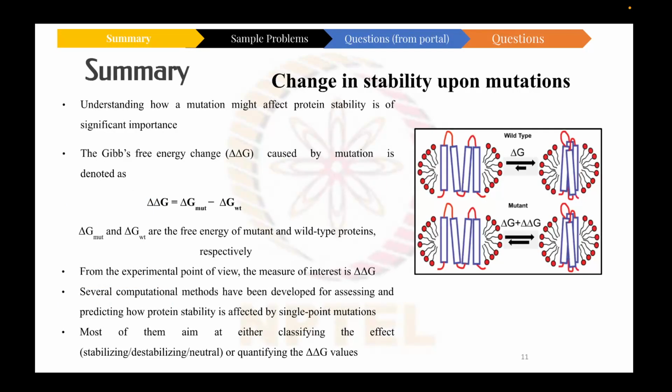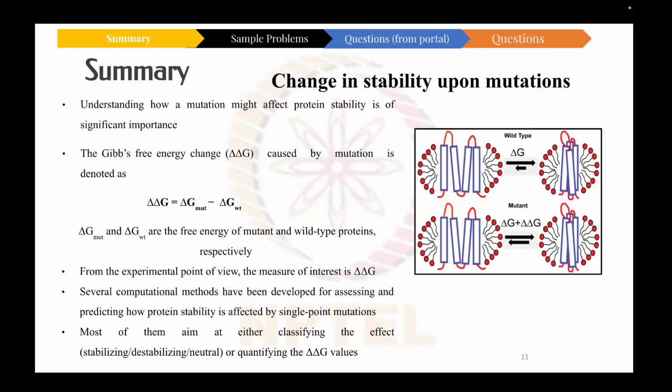So in protein stability, as we discussed, delta G represents the difference in free energy between the folded and unfolded state of a protein. To calculate the change in stability upon mutation, we use the following: delta delta G equals delta G of mutant minus delta G of wild type.